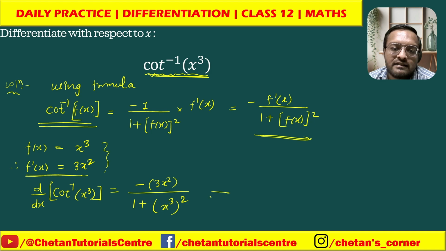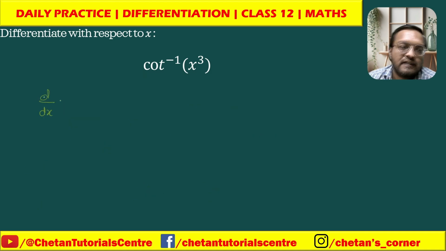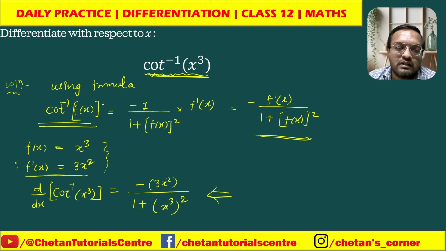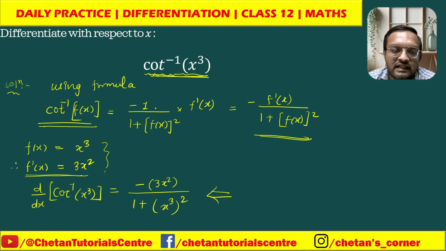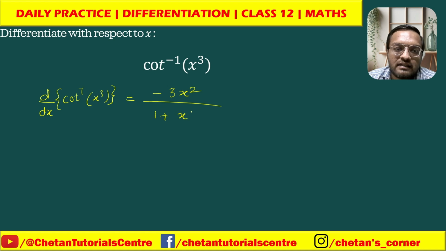I will simplify this step further. Then what I will get? d by dx of cot inverse of x cube is equal to minus 3x square divided by 1 plus, x raised to 3 bracket square will become x raised to 6, using laws of indices.